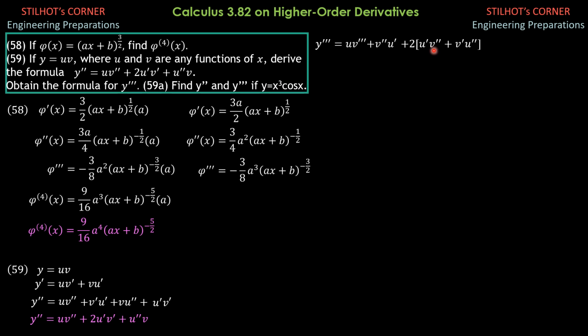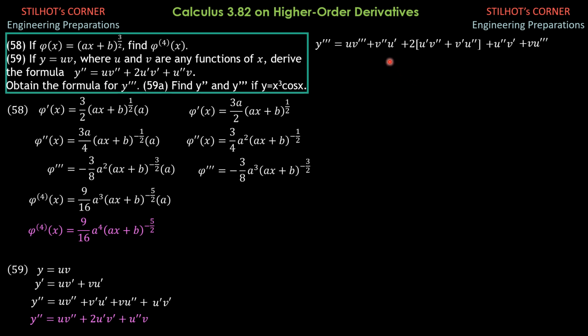Then plus second, v prime, then derivative of first u double prime. Then plus derivative of the third term, first u double prime, derivative of v prime. So plus u double prime v prime plus second v derivative of u prime u triple prime. So plus v u triple prime.